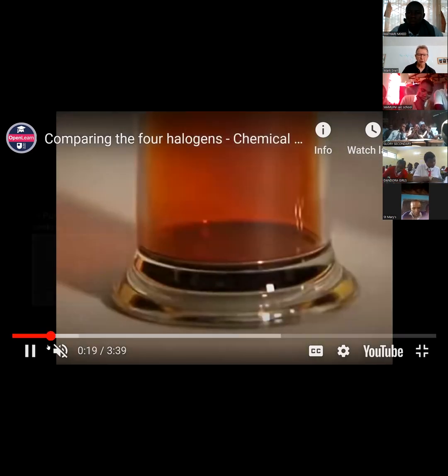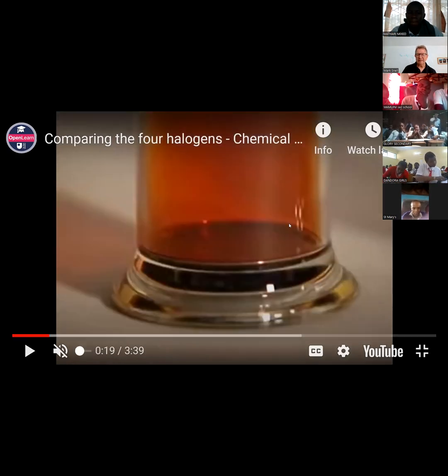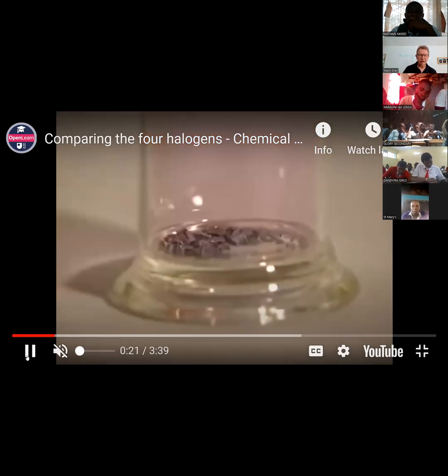This is bromine, and in the bottom you can see it's a reddy brown liquid, but it is volatile. Volatile means it evaporates really easily. And then iodine is actually a solid, but when it warms up, you can see this very light purple color above it. It produces a purple vapor. Okay.